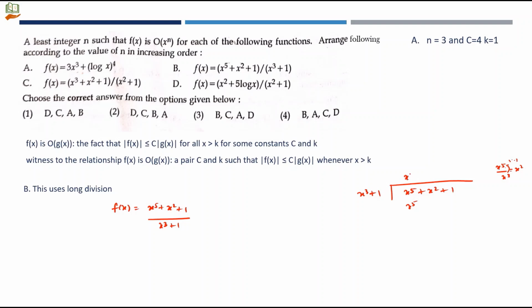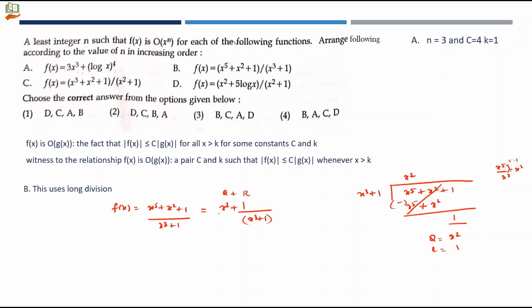I can place here x power 2 so that x power 3 into x power 2 will give x power 5. Then 1 into x power 2 will give x power 2. Now when I subtract, both these terms will get cancelled and I will have remainder as 1. So the quotient is x square and the remainder is 1. We have to express this as x square plus 1 divided by x cube plus 1. This is how we will be writing in the form of quotient plus remainder.